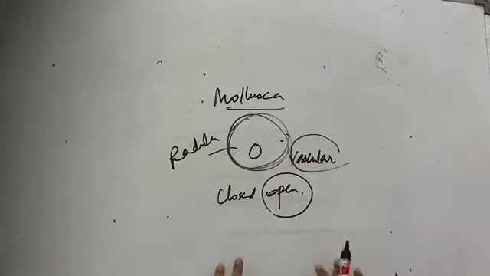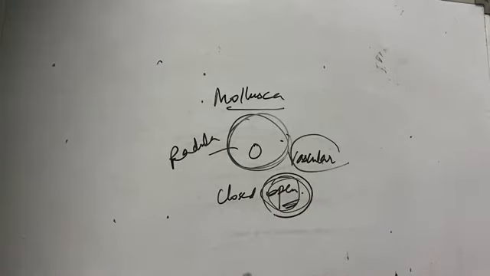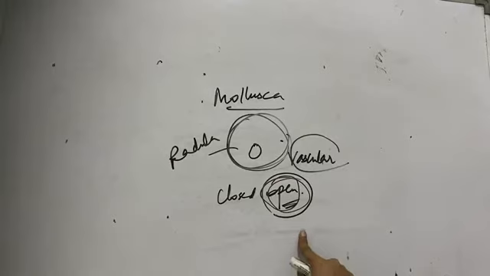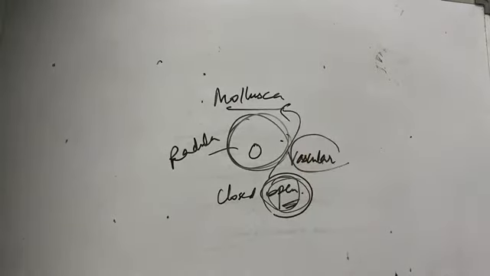The organs are all taking a bath in the blood. Okay, there are no separate pipes which are supplying the blood. Such a system is known as open vascular system, and this open vascular system is present in the mollusks. Okay, example of mollusk, it is snail, octopus, they all are examples of mollusk.